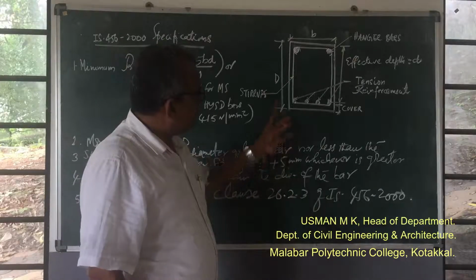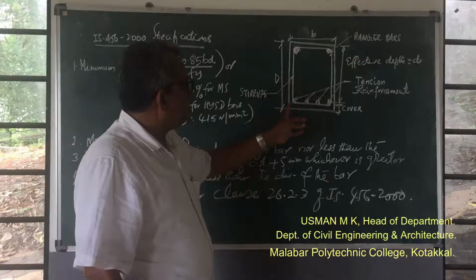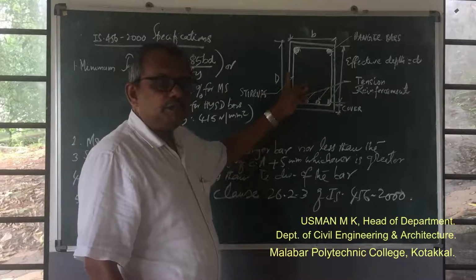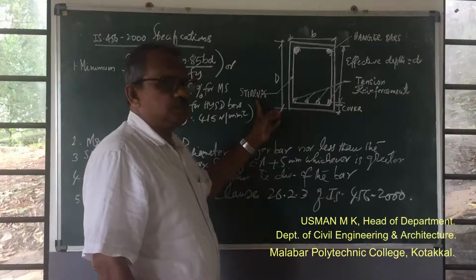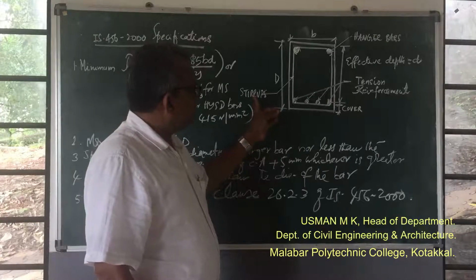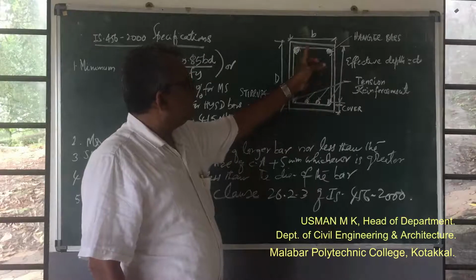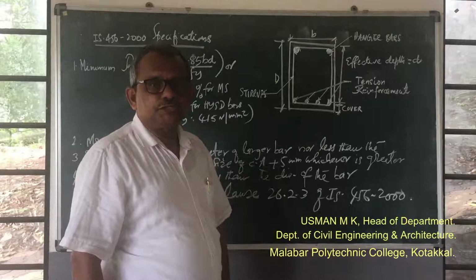For bending moment, we provide tension reinforcement here, and to take the shear force, the stirrups are provided around the bars like this. So these are known as the stirrups. It is written here. So stirrups, tension reinforcement and hanger bars are the main bars in a singly reinforced beam.